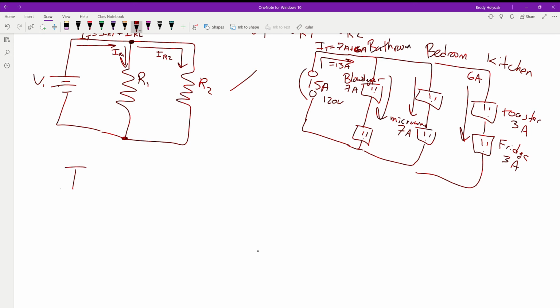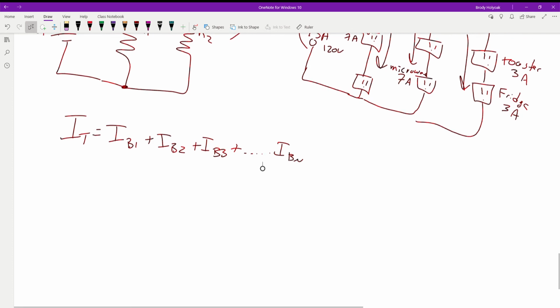Current total will be your I branch 1, I branch 2, I branch 3, and so on and so forth, to however many branches we have. This is the shorthand for, and so on and so on until we get to the maximum number.